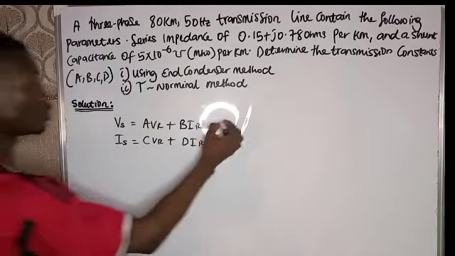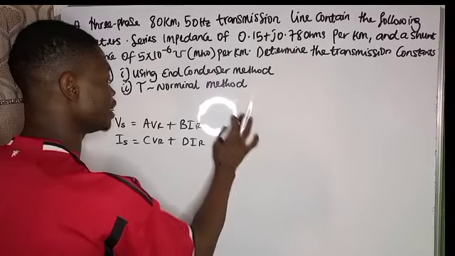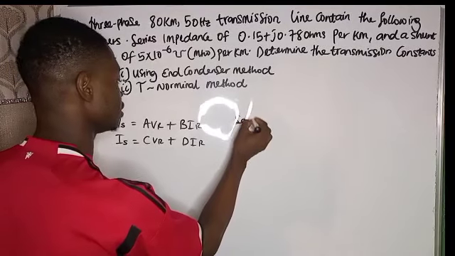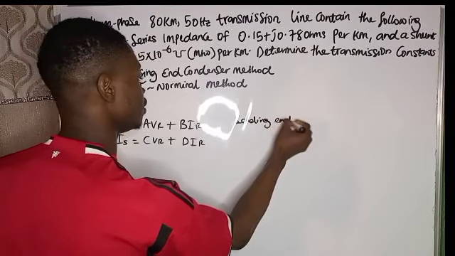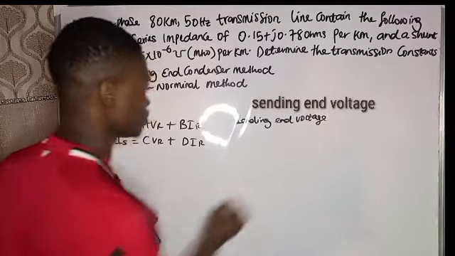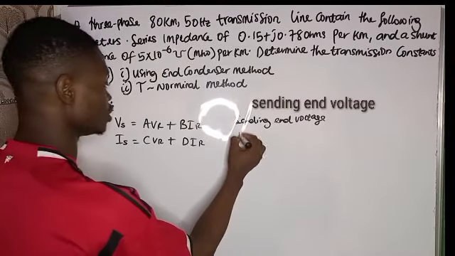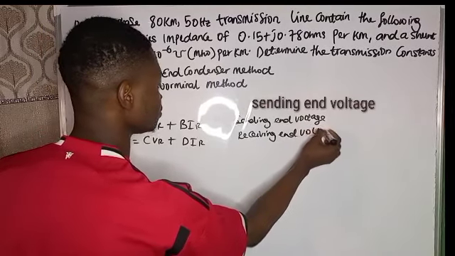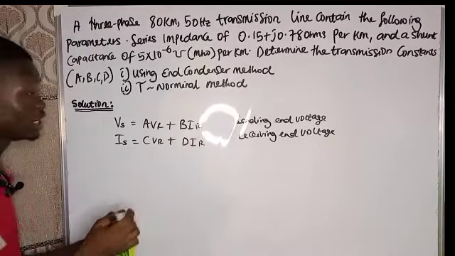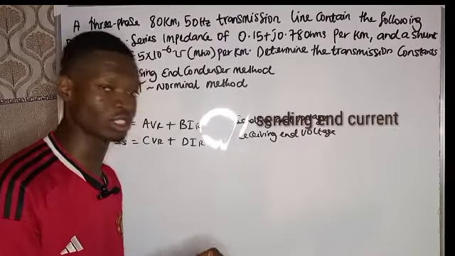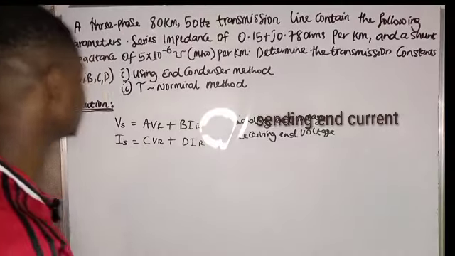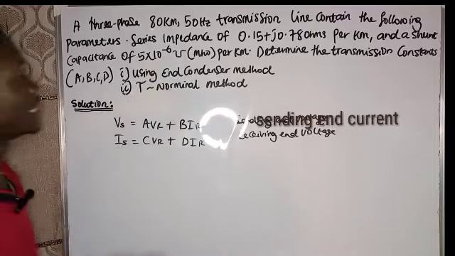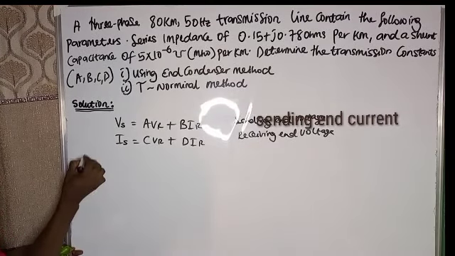Now, this Vs means sending end voltage, while VR means receiving end voltage. So we are going to know the relationship between this sending end voltage and the receiving end voltage.